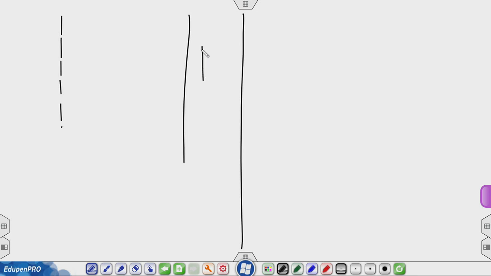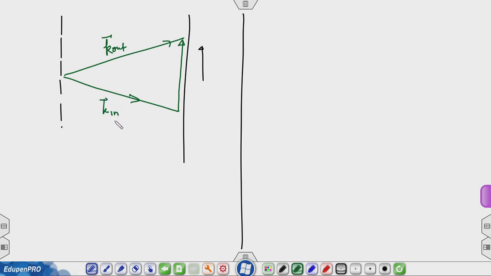So, k is this way, so what you are seeing is that there was a wave coming in, wave going out, this is k out, this is k in, this is 2 theta.